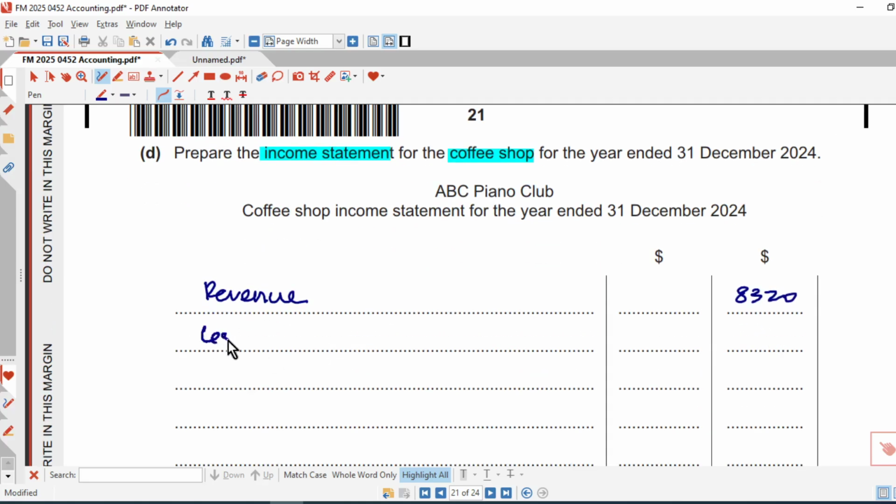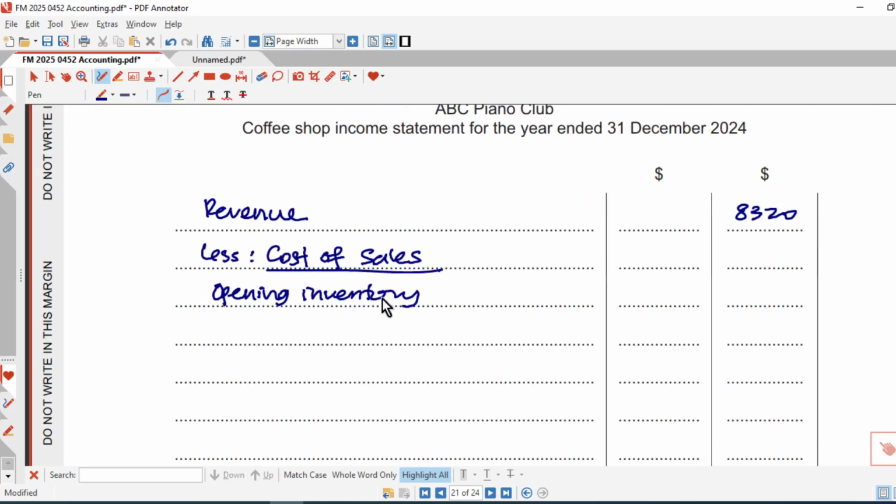Since this is a trading business, I will have cost of sales. So opening inventory plus purchases minus closing inventory. I didn't see any purchases return. I didn't see any carriage inwards. So these are the only information I might have.